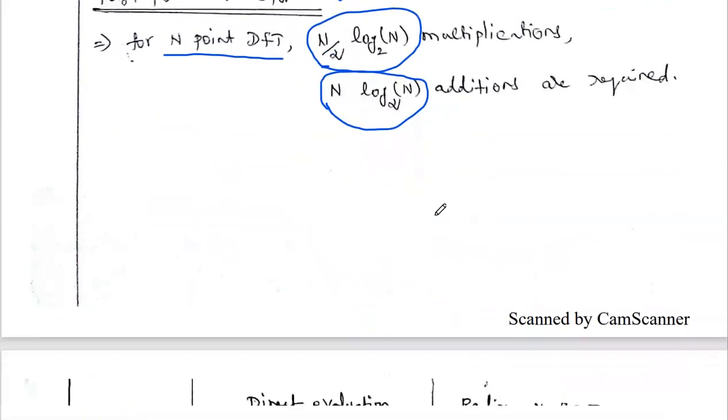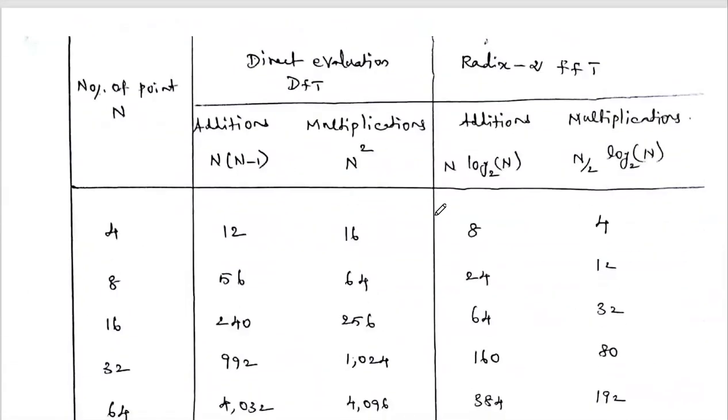Then using this, sometimes the question may be based on this table. In this table, I am comparing for different values of N, how many additions and multiplications are required in the direct evaluation method as well as the fast Fourier transform method.